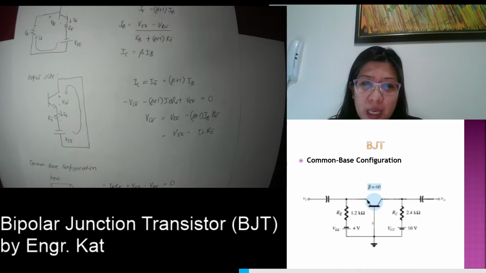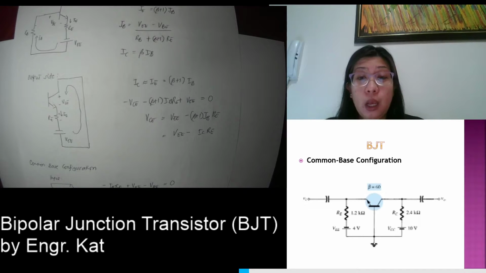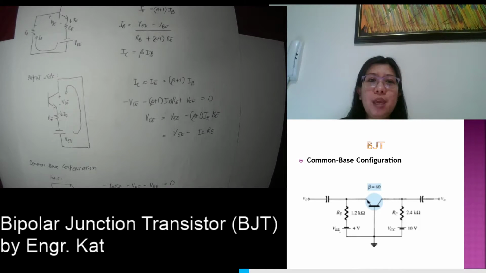The one which is common here is your base, so the one which is grounded here is your base. For the common base configuration, we usually have two sources: we have your VEE here and we have your VCC here. This is how your common base configuration looks like.